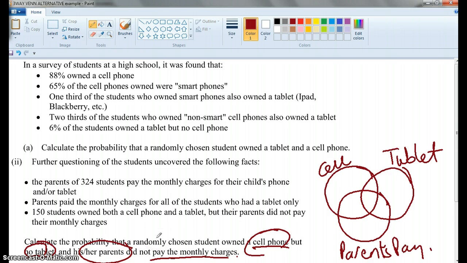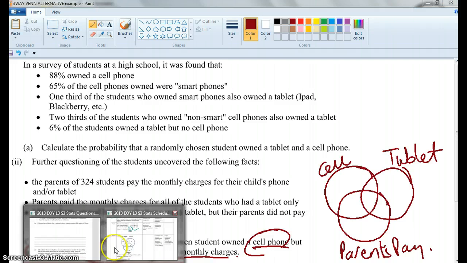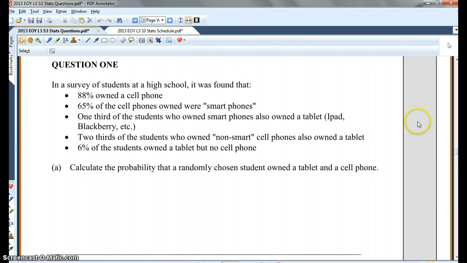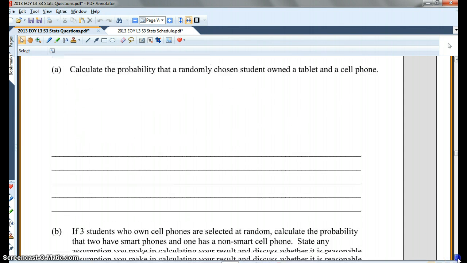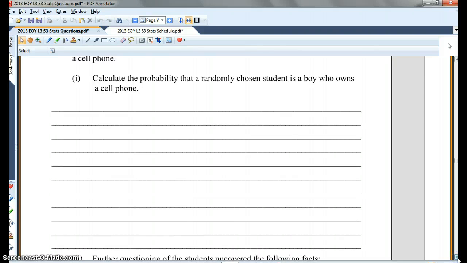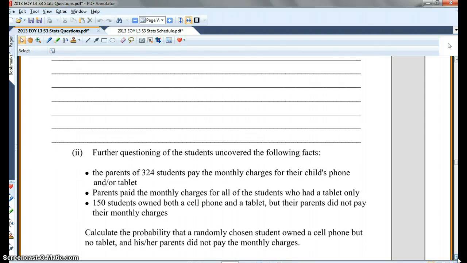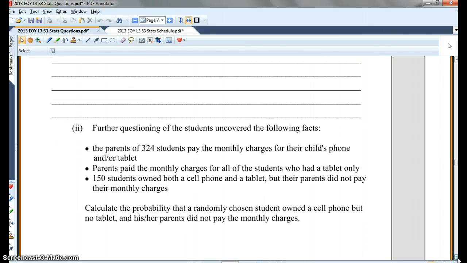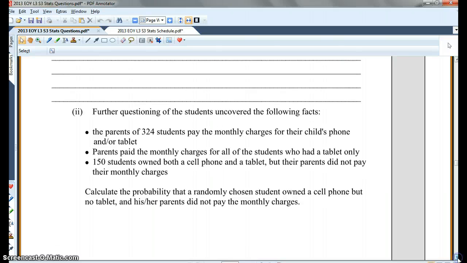Okay, now we know that there's 750 students somewhere in this question. Let's just check where that was. So in here we had... now, where does it say 750?